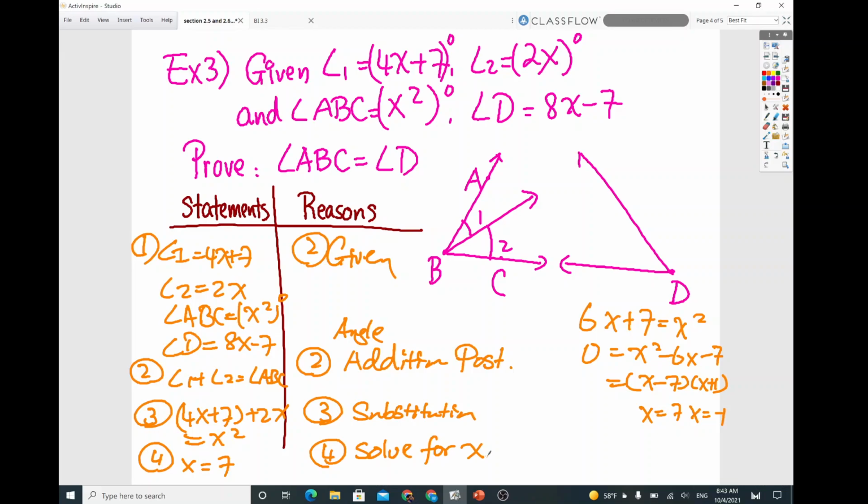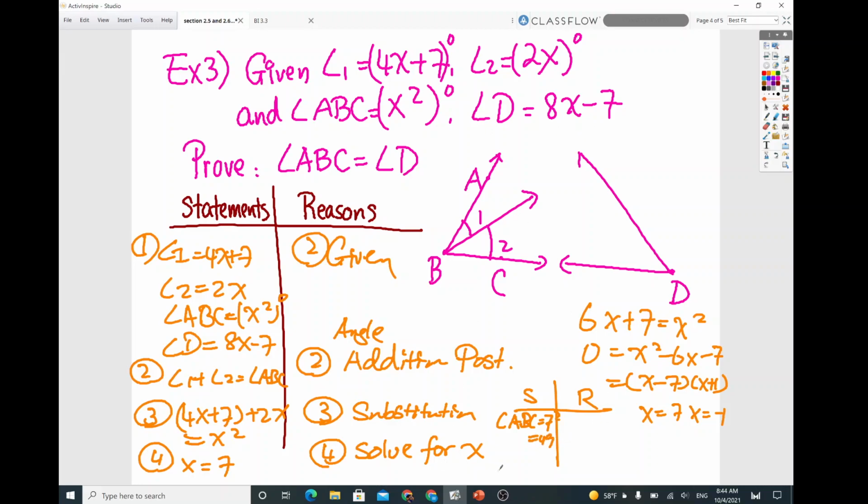After that, we plug the value of x back into the measure of the angle. Statement and reason: plug in the value of x into the measure of angle ABC. We get ABC equals 7 squared, so 49 degrees.